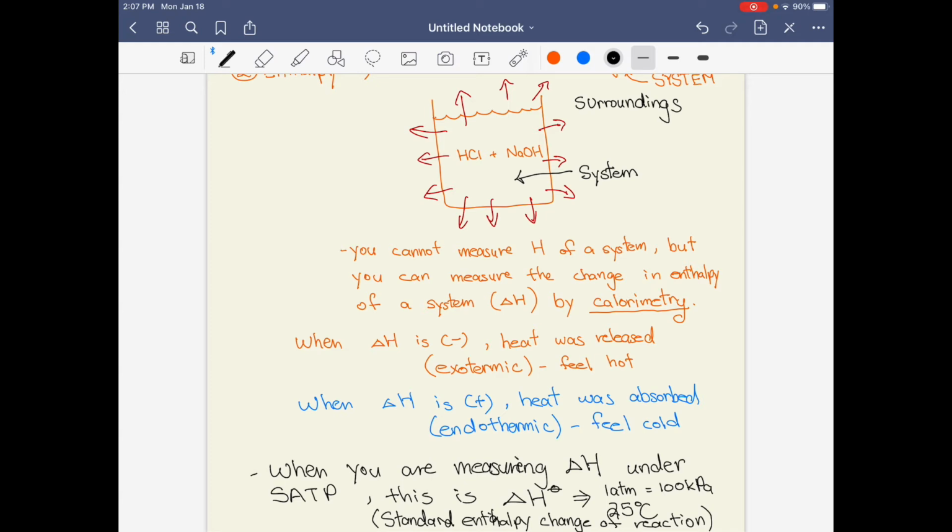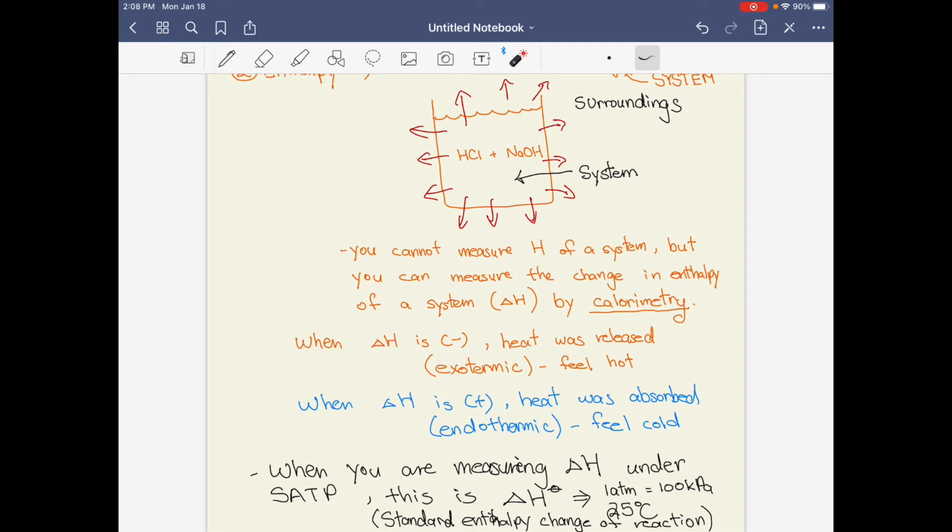It's because these values are usually given in some sort of chemistry handbook known as the CRC handbook. Okay, the CRC handbook has information about pretty much every single reaction that there is out there. And somebody has already done these experiments for you. So somebody has already figured out this delta H for all types of reaction.